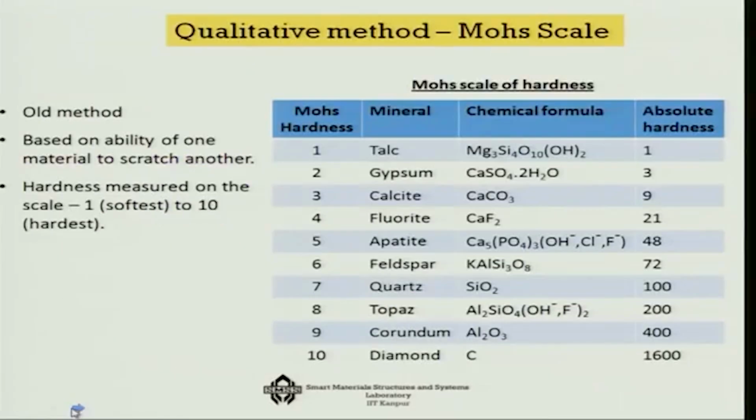Now, hardness was initially found out through a very qualitative method, which was mostly used by geologists, and that is based on the ability of one material to scratch another.